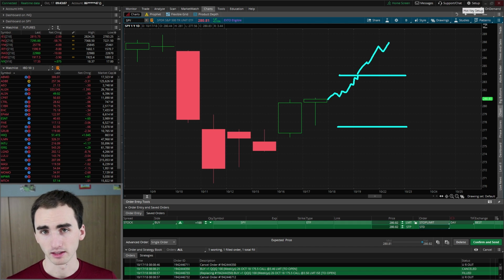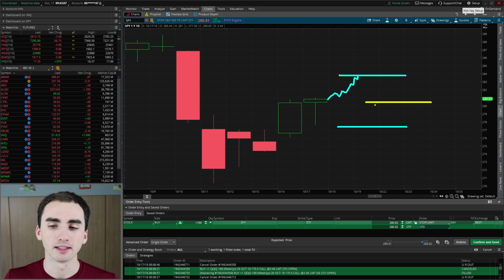Another way you can use this though, because it's a limit order, you can have the market hit this level up here and it can put in a limit order at a different price. So if you think that this price is a resistance level, but once the market gets there, you want to get in at some lower price because it confirms some kind of strategy for you or some kind of trend, you can set in a limit order at a price down here.